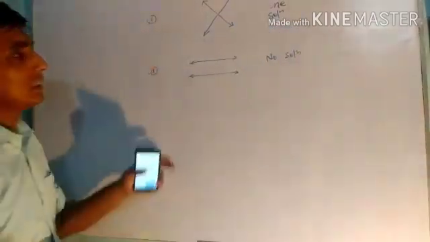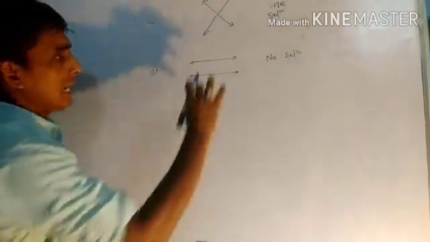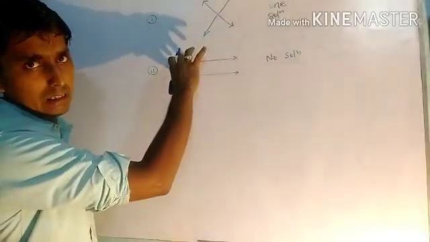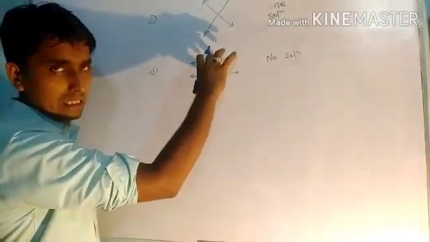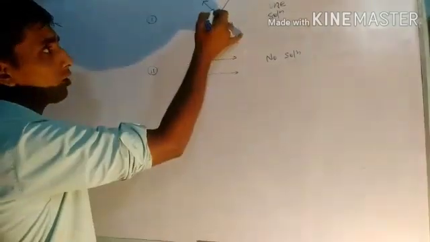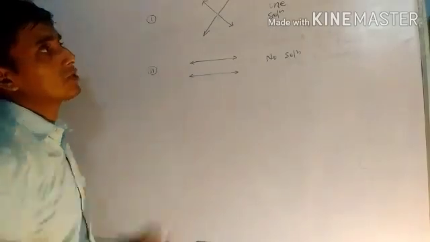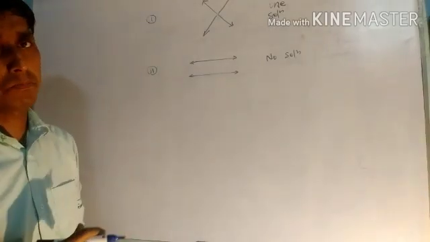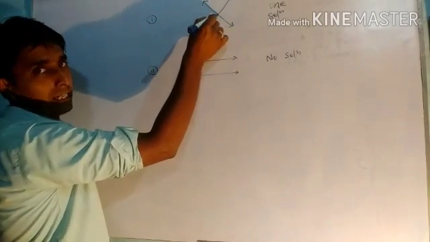Why? Because these two graphs are parallel to each other and they will never meet each other, therefore there is no solution. Solution means if they cross each other, then that point is called the solution of the pair of linear equations.